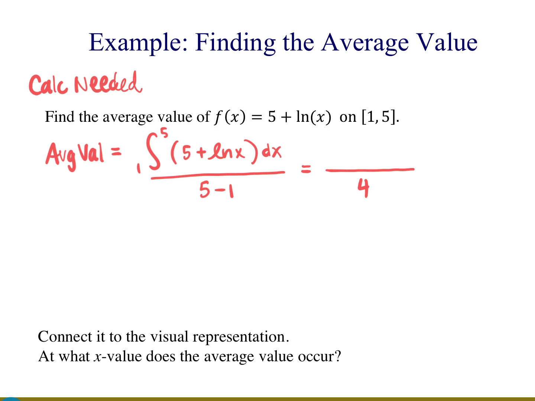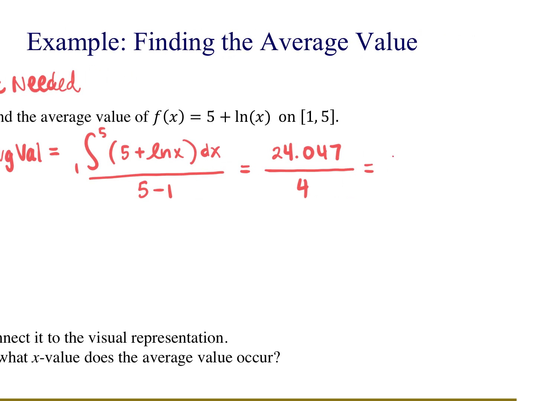So positive 24.047. Okay, now use all the decimals on your calculator. Are they still all there? Okay, now divide that by 4. What do you get? 6.012.